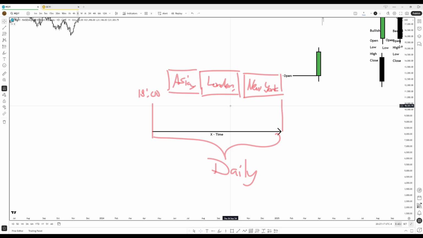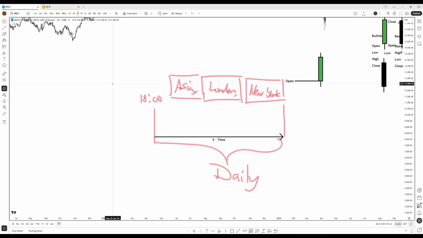It's not 100% by the book, but roughly that's what happens. When you look at the charts, you want to keep in mind, this is Asia, we should see this. This is London, we should see this. This is New York, we should see this. And from there, you can analyze the charts and say, this is the characteristics of London, this is what I'm expecting. This is the characteristics of New York, this is what I'm expecting.